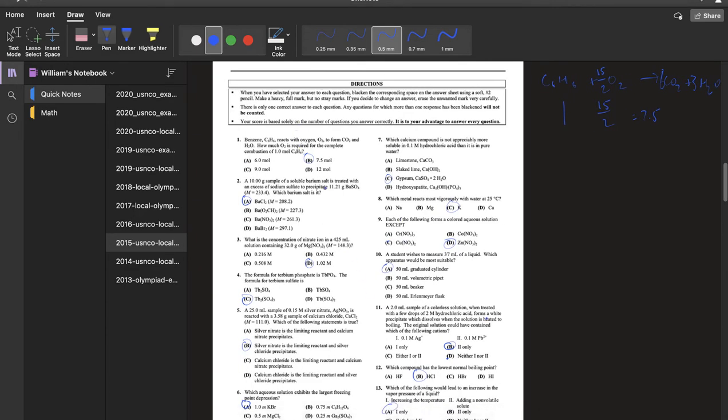Number 2, a 10-gram sample of a soluble barium salt is treated with an excess of sodium sulfate. Okay, so this is just stoichiometry. So we want to find the moles of precipitate that we got. 11.21 divided by 233.4.